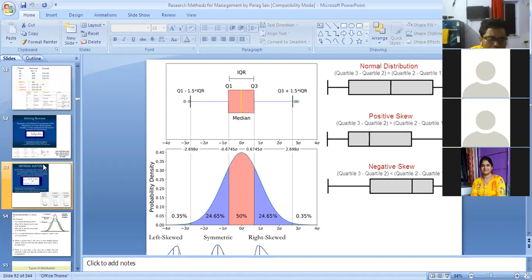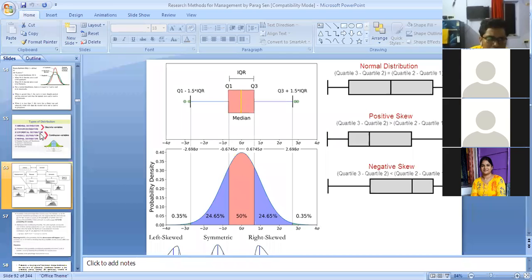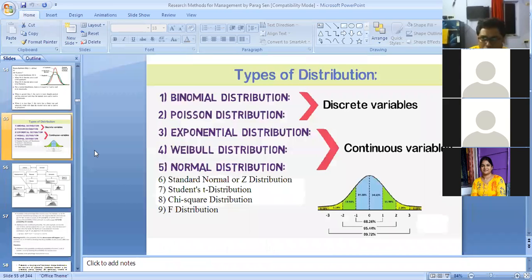First I would like to say what a distribution is. The distribution of a statistical data set or a population is a listing or function showing all the possible values or intervals of the data and how often they occur. So this is known as distribution.